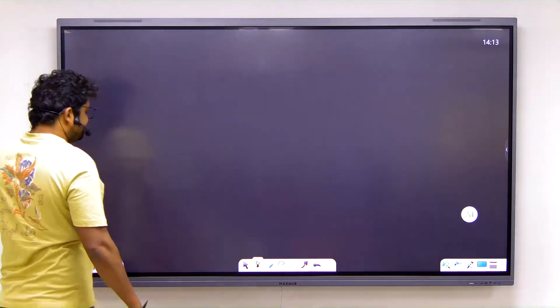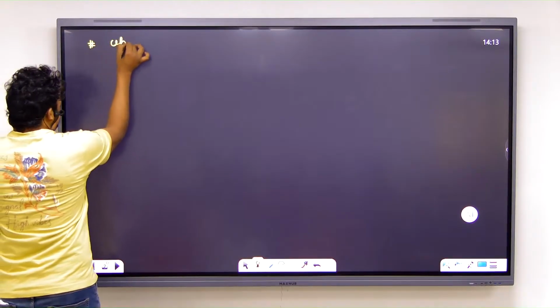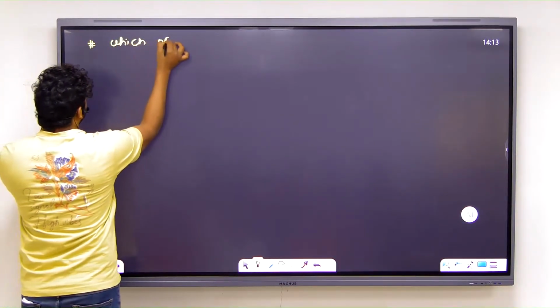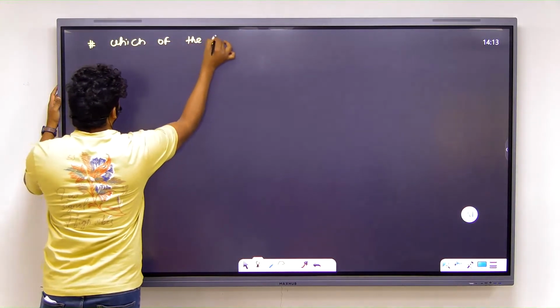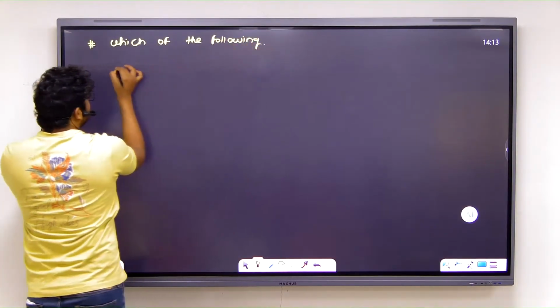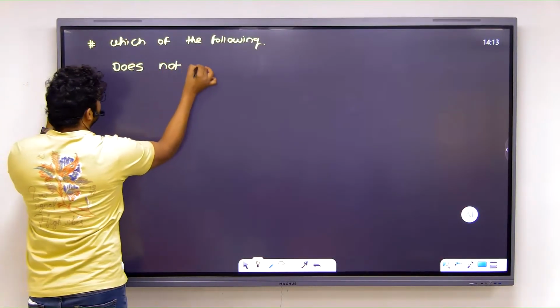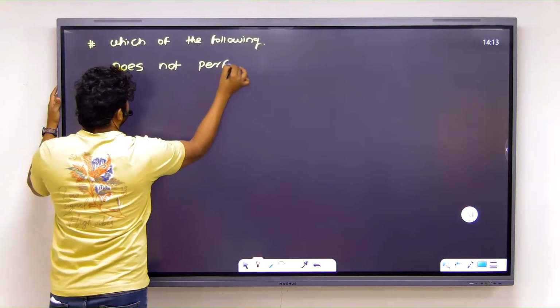Along with this, we can move forward: which of the following does not perform a Lucas test?